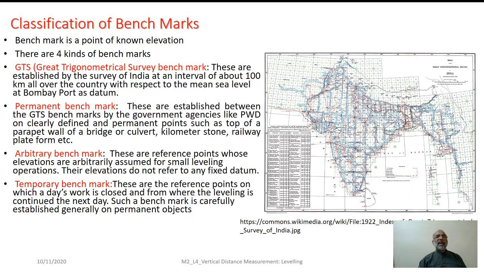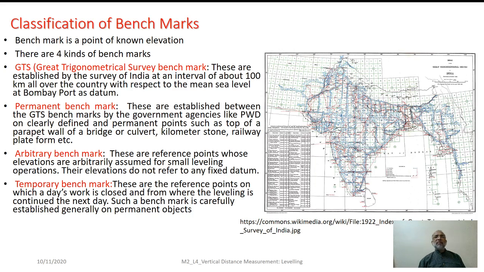This benchmark can be classified under 4 categories. The first category that you see is nothing but Great Trigonometrical Survey benchmark. It is commonly abbreviated as GTS benchmark. Here, this point is very important point as far as referencing is concerned.